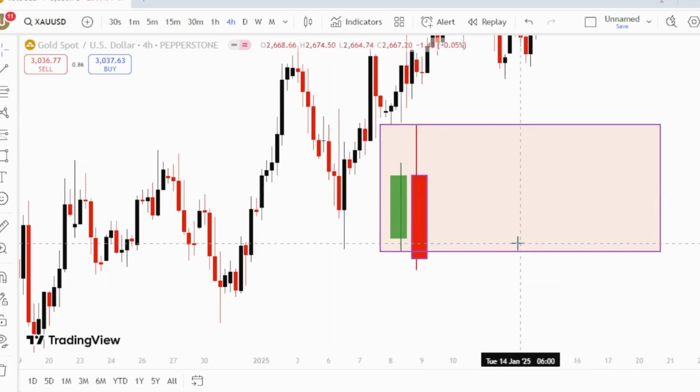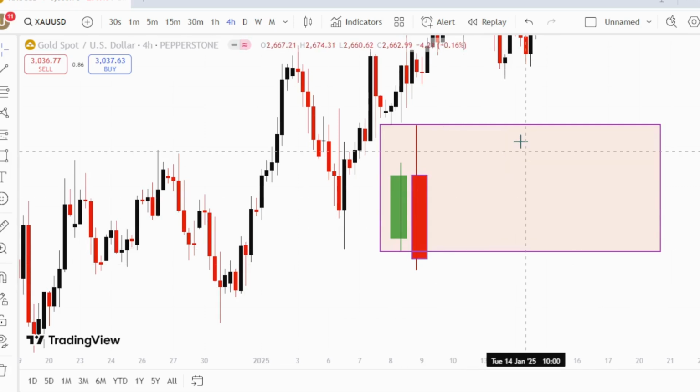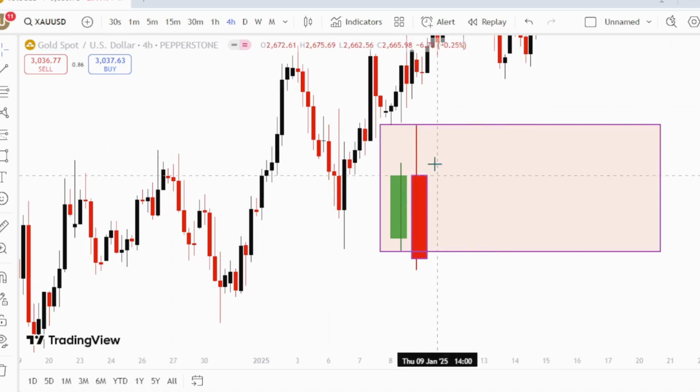Don't forget that a zone is just a zone. The fact that this is a zone does not mean price will come here and start selling. So when price returns to this zone, you have to look at other parameters for you to decide that, okay, price wants to sell. This is a mistake a lot of people make. They say, oh, this is a sell zone, when price returns here, it must sell.